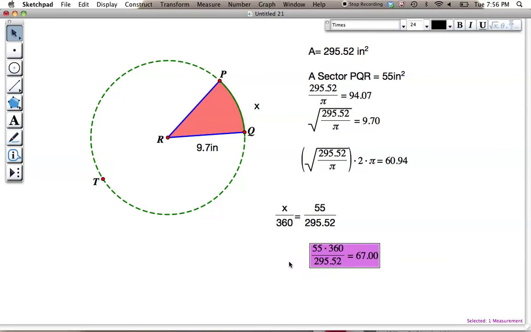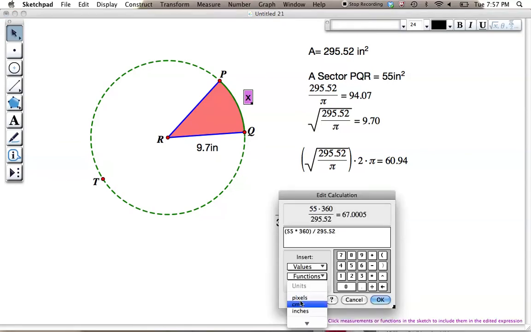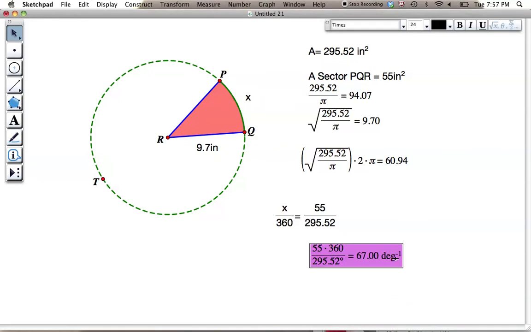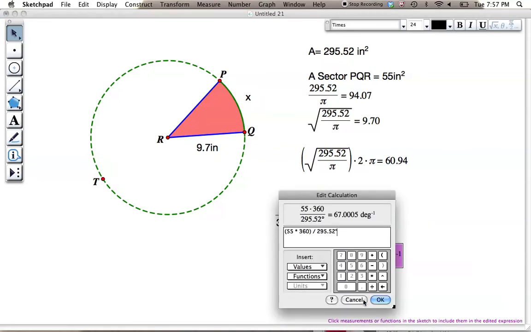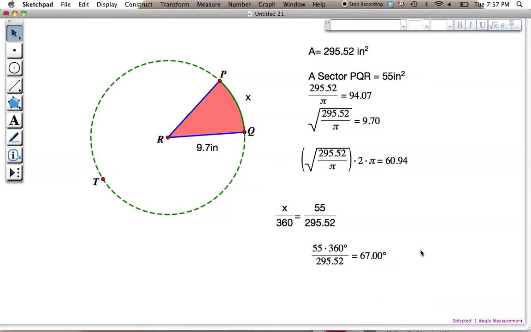So 67 is the arc measure of arc PQ. It's also the central angle degree. And we can just put a degree sign here on the 360 so we see it. There, 67 degrees.